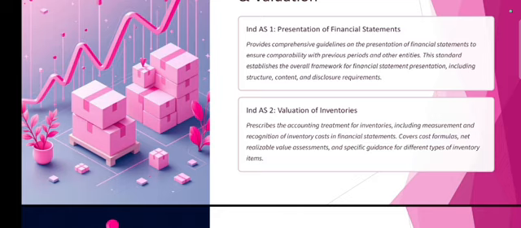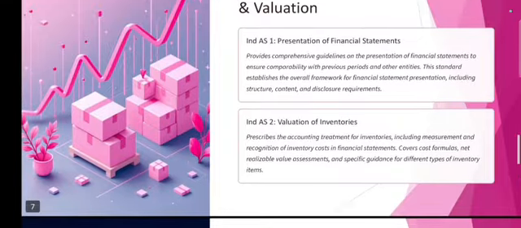So Ind AS 2 explains how to value the inventories. Ind AS 1 deals with how financial statements are presented, and Ind AS 2 deals with how the inventories are to be valued. Okay, so the first two we have seen.